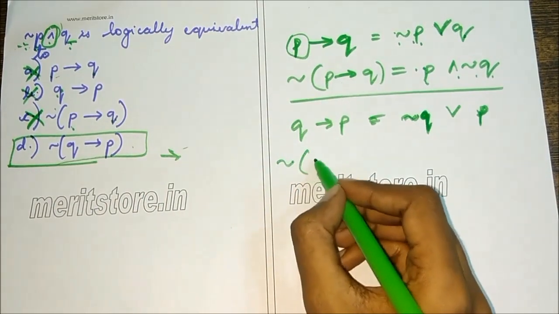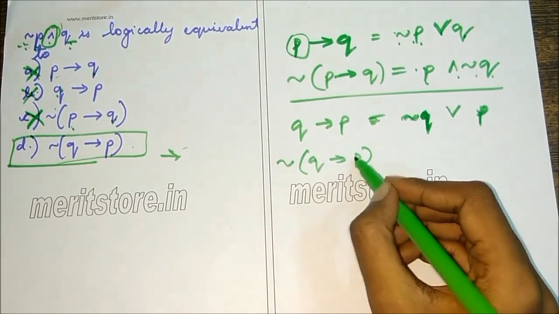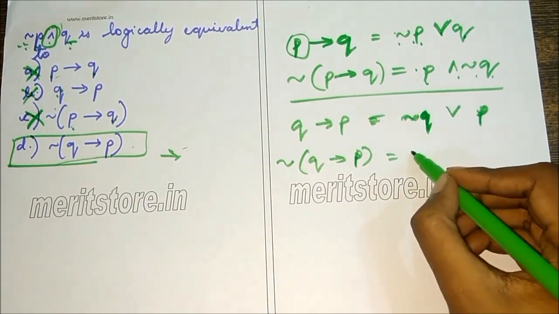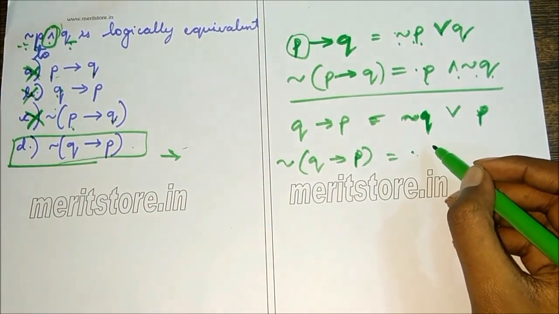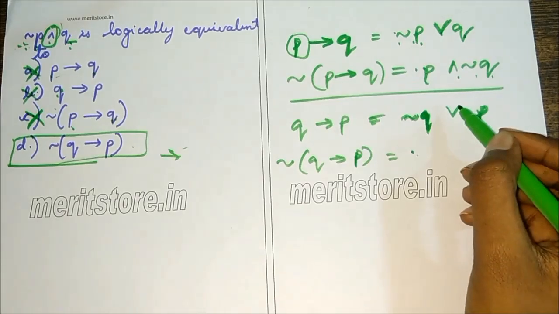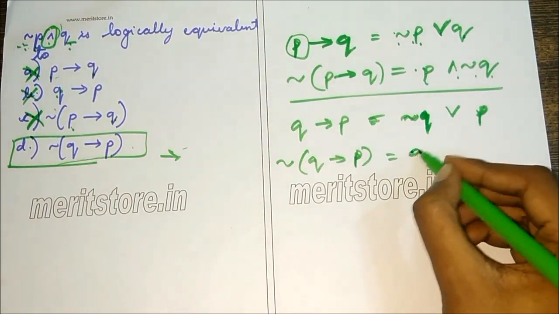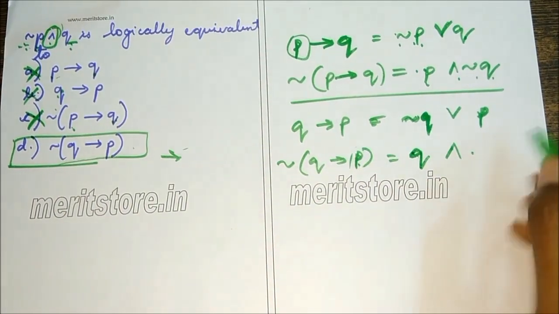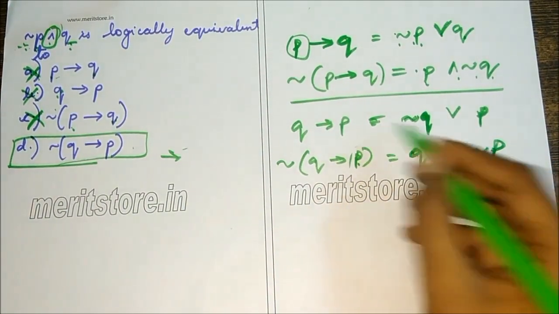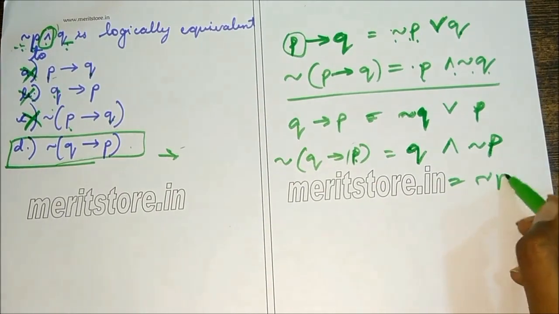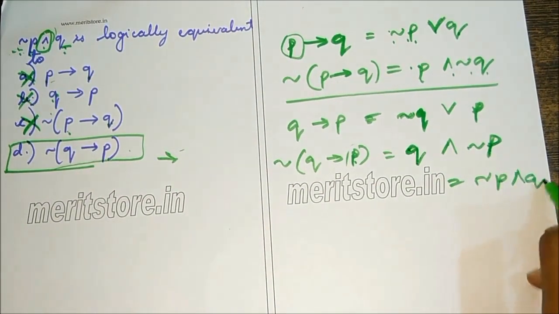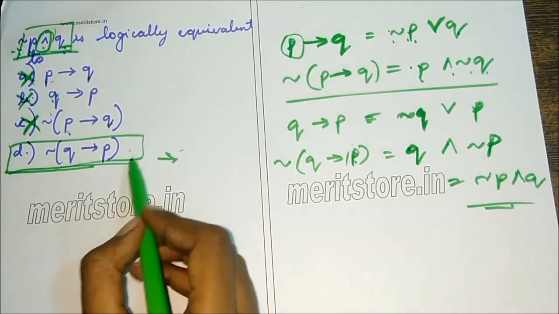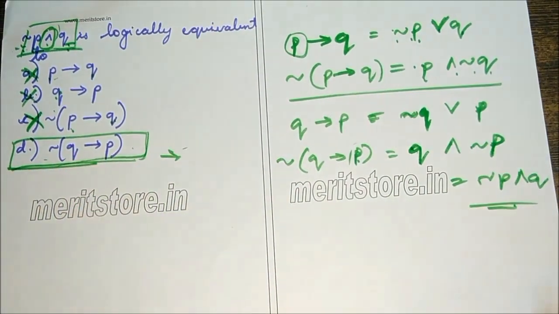Negation of Q implies P will be Q and negation of the second term, that is negation P. So this is the same as negation of P and Q, which is what we were asked. So D is the option, negation of Q implies P.